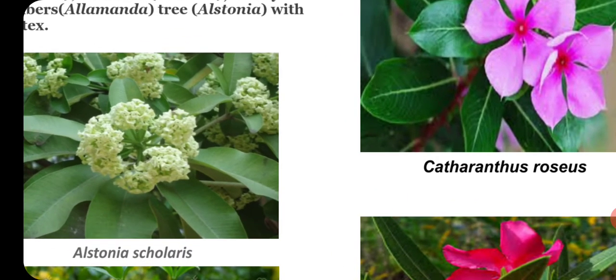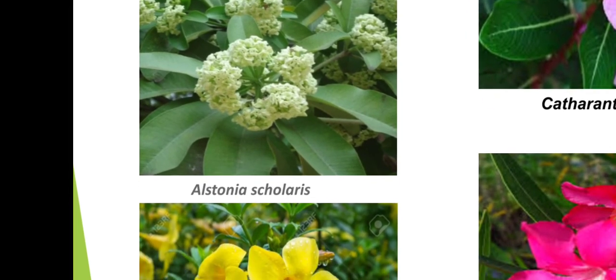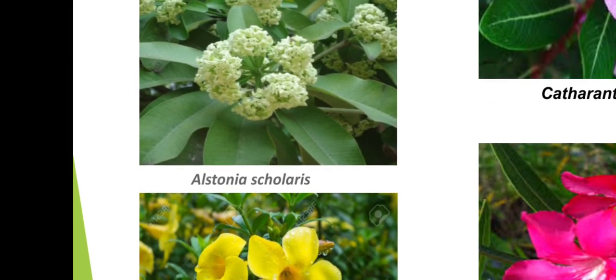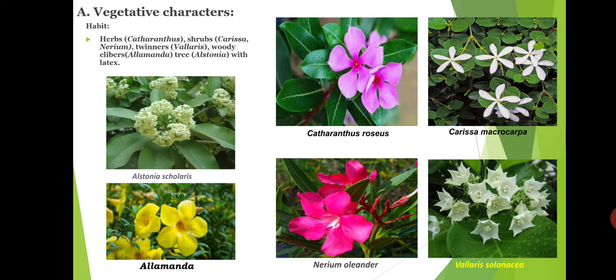Here it is, and these flowers contain many alkaloids, and the alkaloid property of the flower has some hallucinating effect also, that is Edilam pala. All these plants have latex.